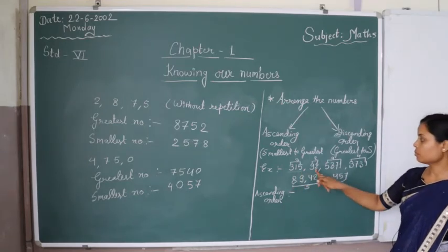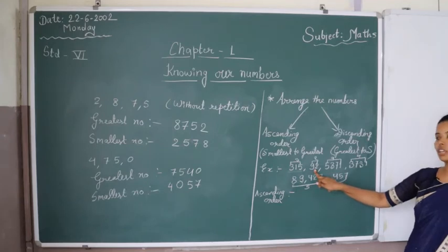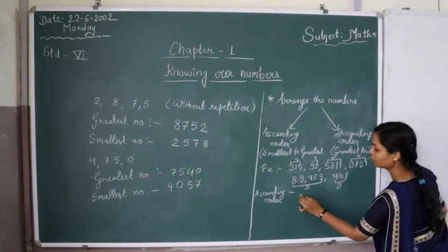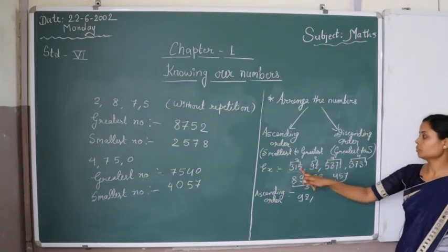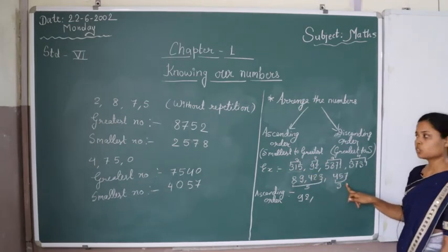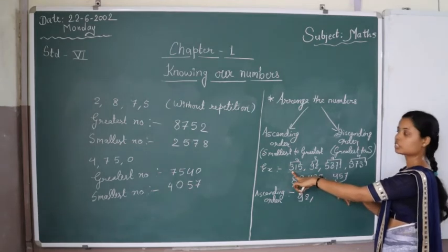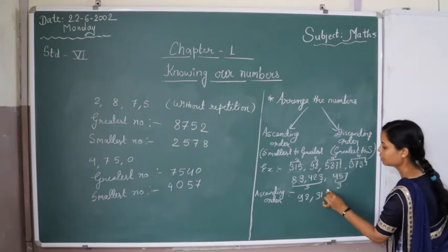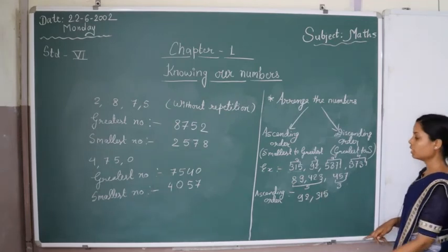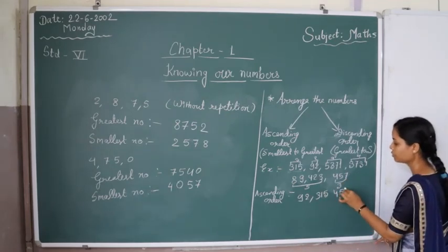So the smallest number is 92, and then we have 3 numbers. So we will compare their first digits. By comparison we know 315 is smaller than 457.